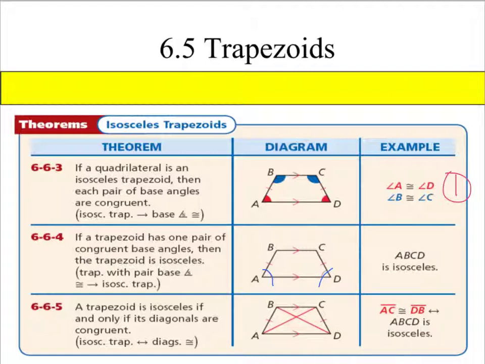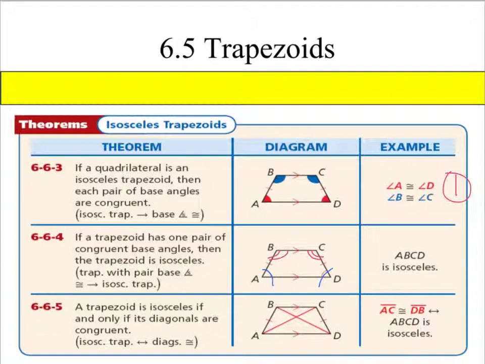If those are congruent, then it's an isosceles trapezoid. You will know this when you have two sets of base angles. So you need to have A and D congruent, or what's your other set of base angles? You could also know if B and C were congruent. So either one of those, it is going to be an isosceles trapezoid.